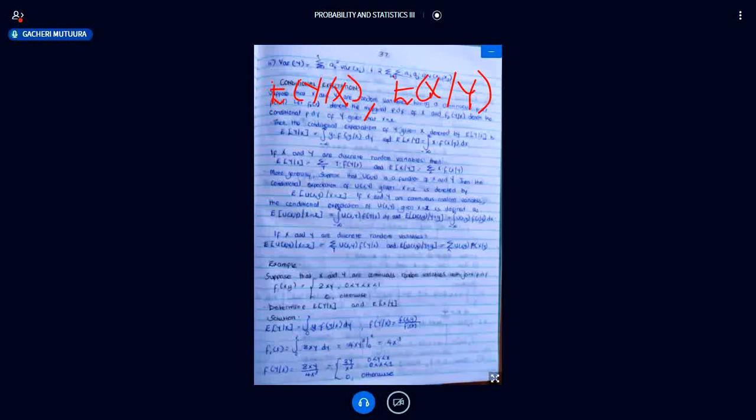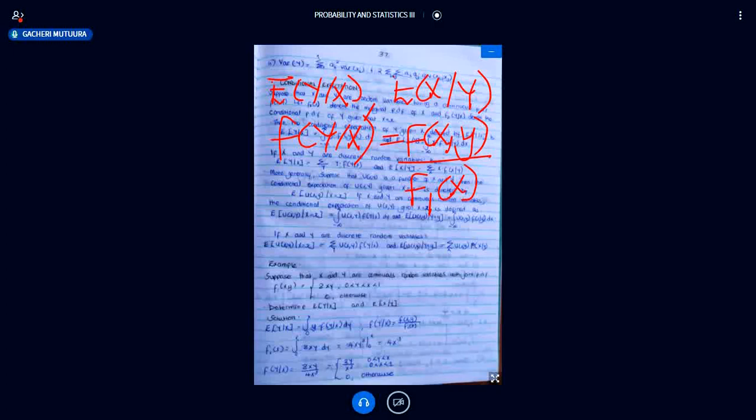If you're asked to obtain the expected value of y given x, you first need to get the conditional distribution of y given x. And here we say the conditional distribution will be f of xy divided by f1, the marginal of x, or the marginal of whatever is given.